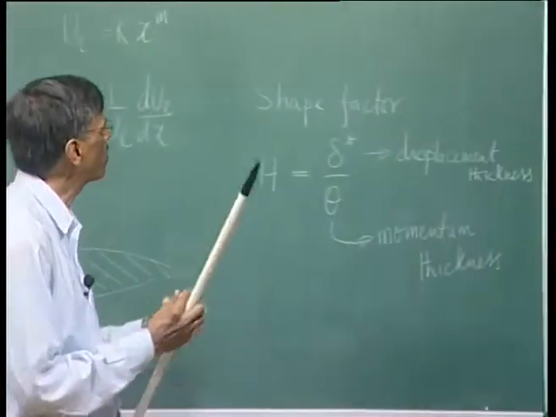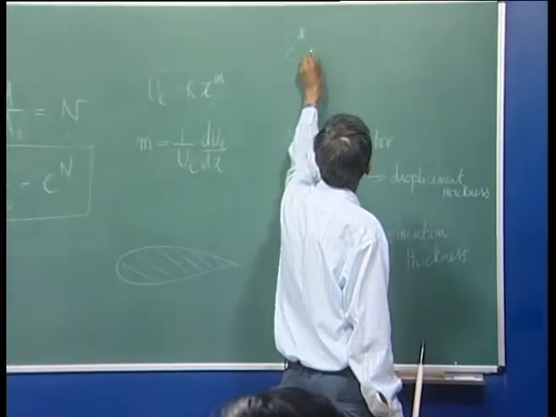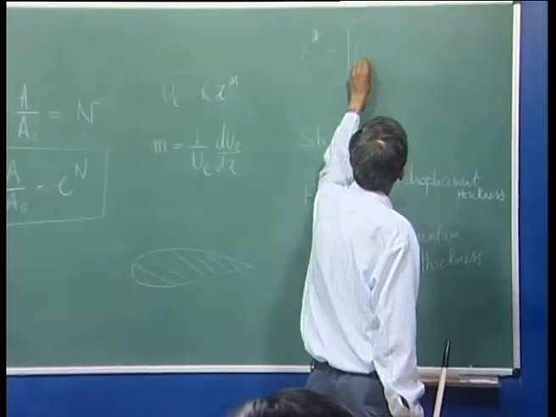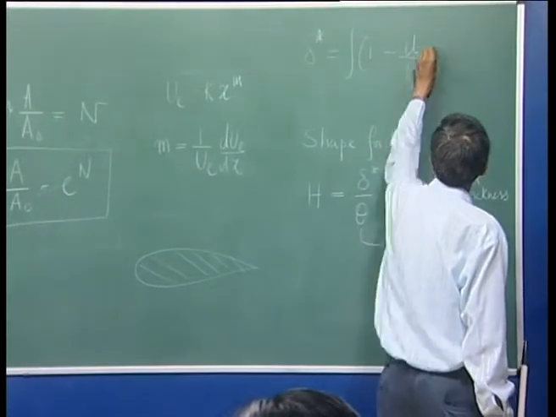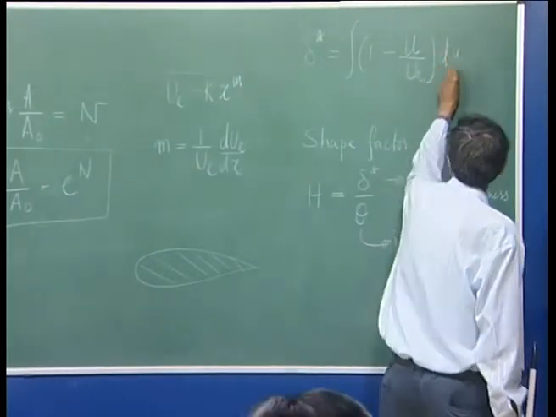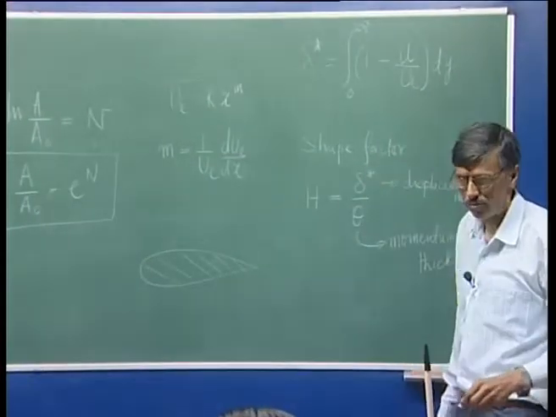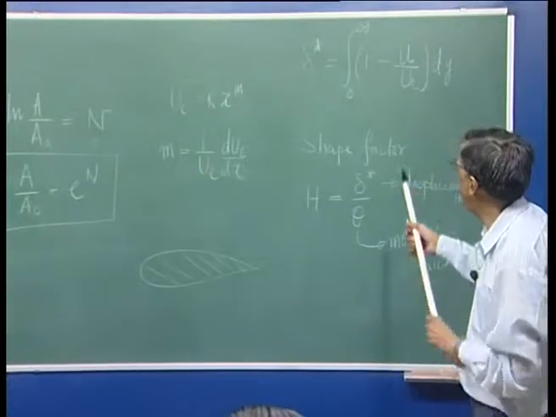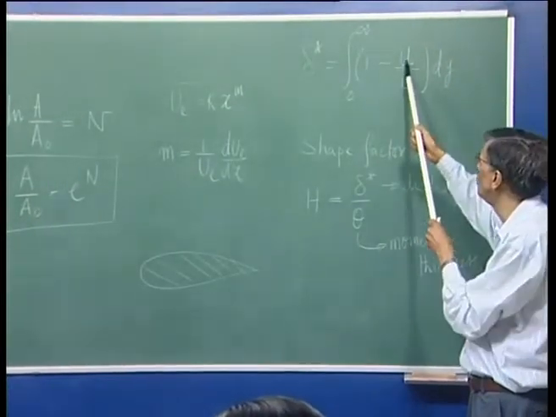So, for an incompressible flow, what is the definition of delta star? Integral of 1 minus u by u e dy, and this we can do. So, this is what it is. Ideally, it should have been equal to 1, but the viscous effect has brought it down to u by u e.